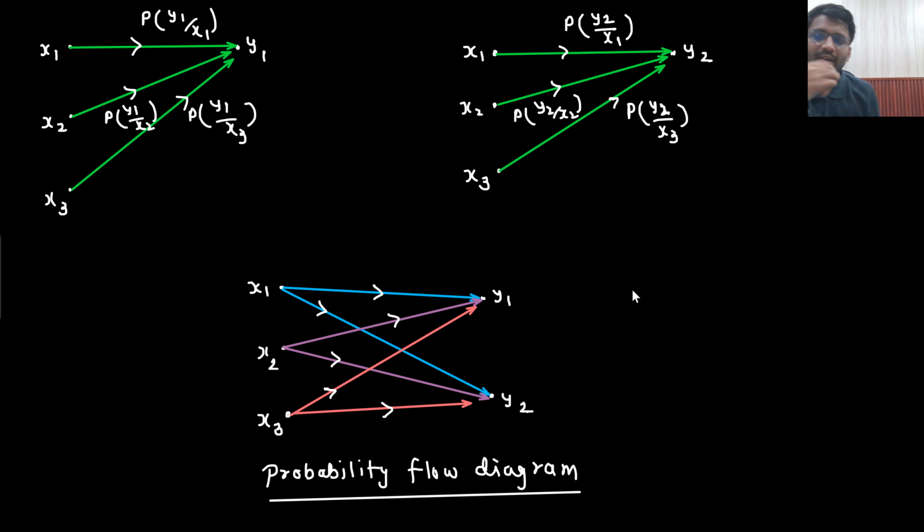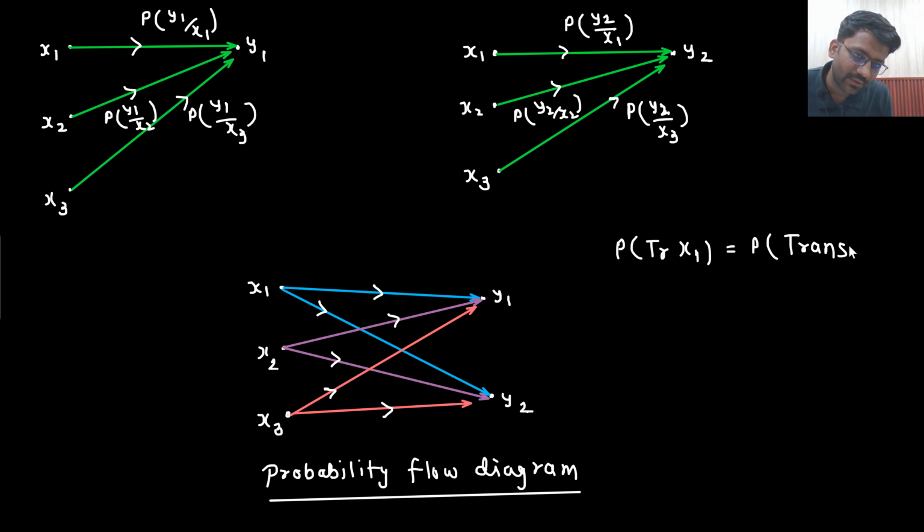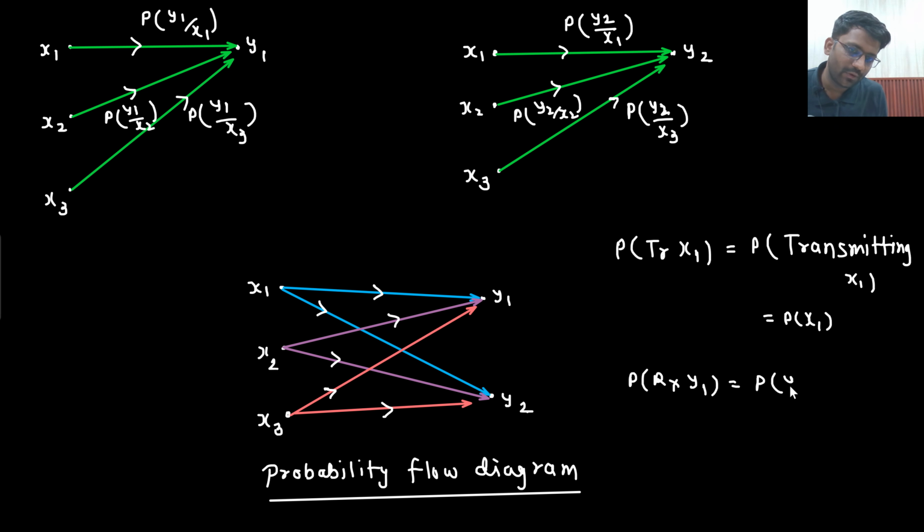Okay. So let me tell you what I mean: the probability of transmitting x1 would be written as P of x1. From next time onwards, I will write down P of x1, and the probability of receiving y1 means P of y1.